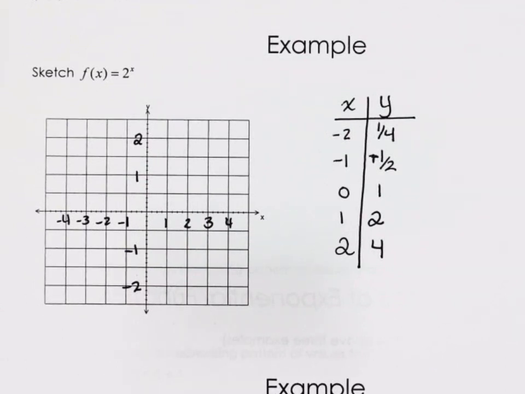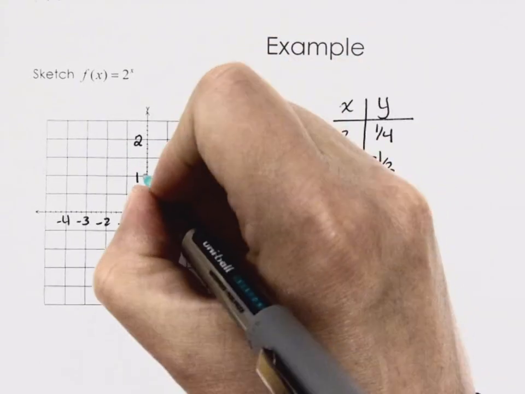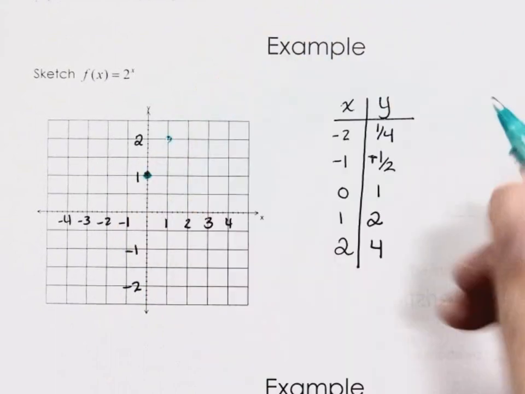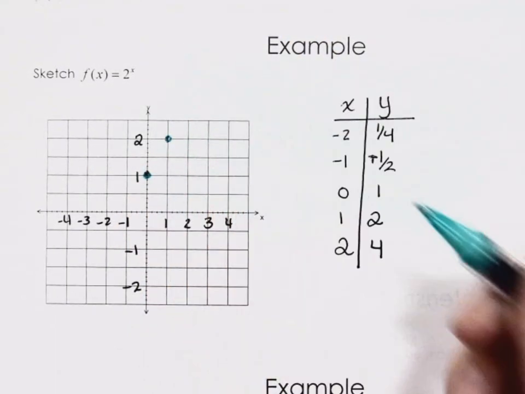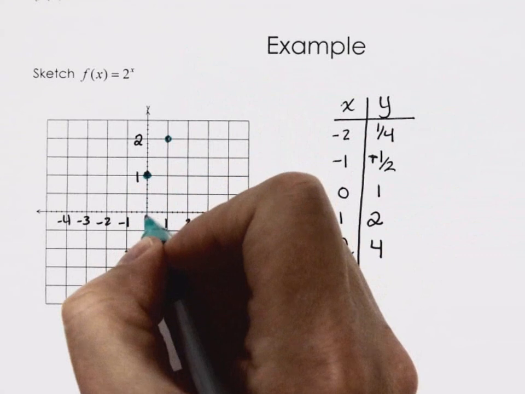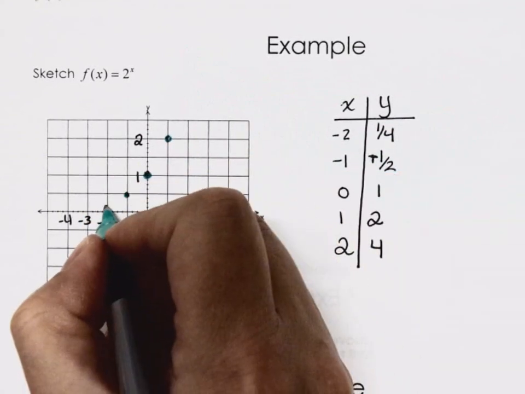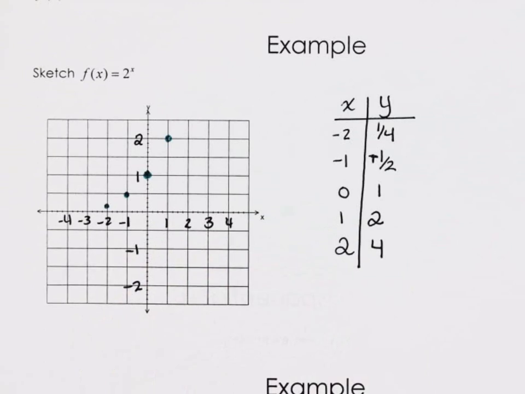We don't normally do that, but that's how it's looking. Okay, I'm going to go ahead and graph it. So 0 and 1, 1 and 2. My 2 and 4 are now off the graph because I didn't leave myself enough room. Negative 1 is a half. And negative 2 is a quarter.